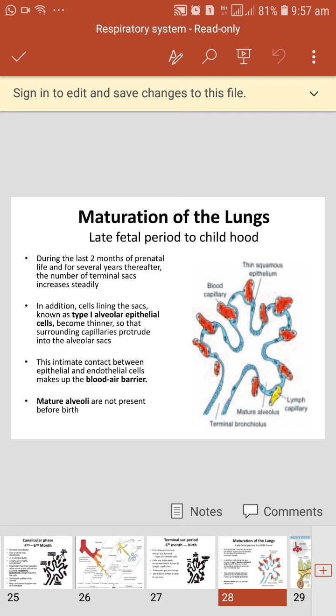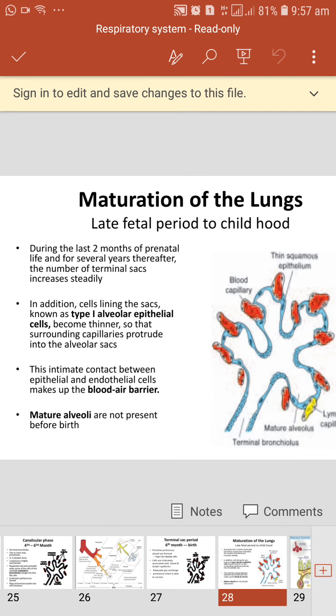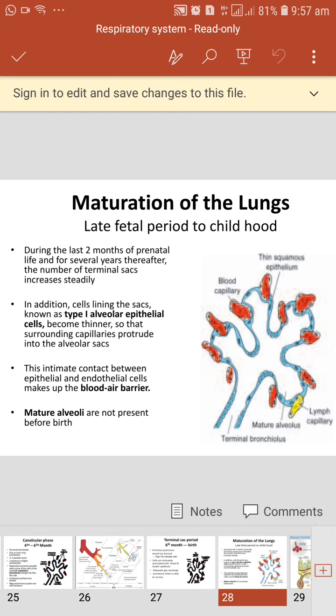Now, the maturation of the lungs from the late fetal period to childhood. During the last 2 months of prenatal life and for several years thereafter, the number of terminal sacs increases steadily. In addition, cells lining the sacs, known as type 1 alveolar epithelial cells, become thinner so that surrounding capillaries protrude into the alveolar sacs, as you can see in this diagram.